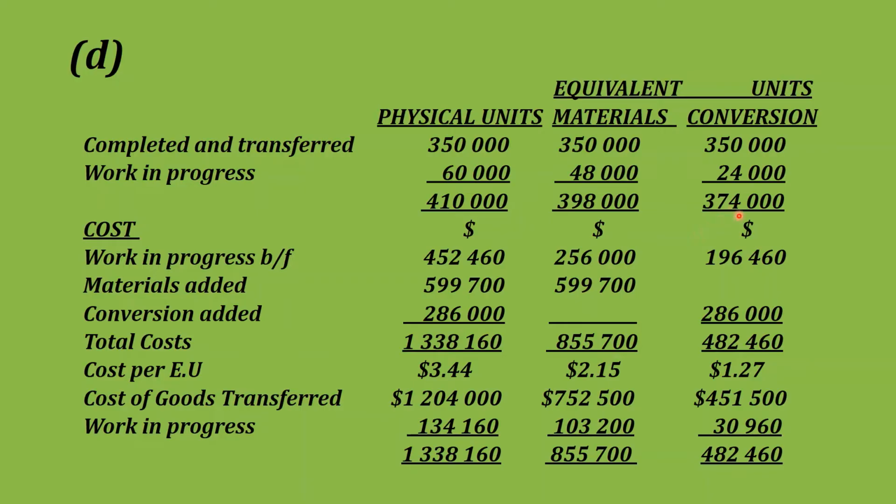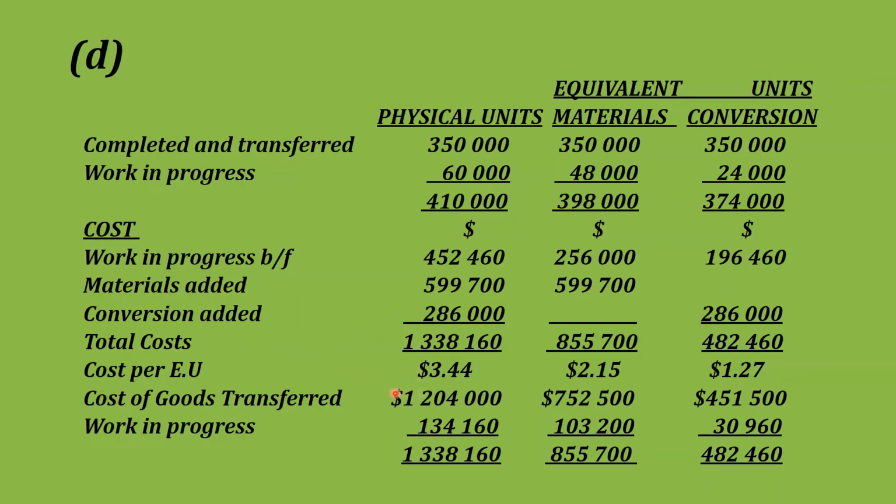Then you divide the conversion cost by the units for conversion and you will get 1.27. When you add these two, you get this figure here. Okay, so this figure is not as a result of dividing this by this, right? If it turns out that this divided by this gives you this, that's just accidental. It does not happen all the time.